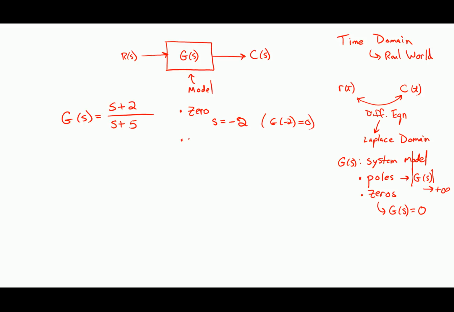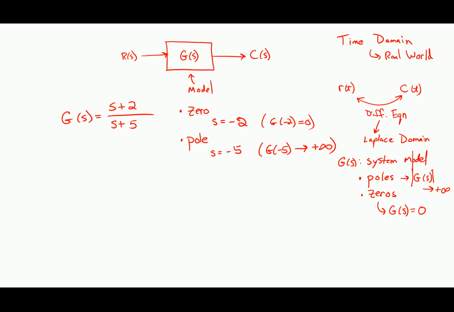And he has a pole at S equal to minus 5. G of minus 5 approaches infinity. Okay, just basic stuff for us to remember.